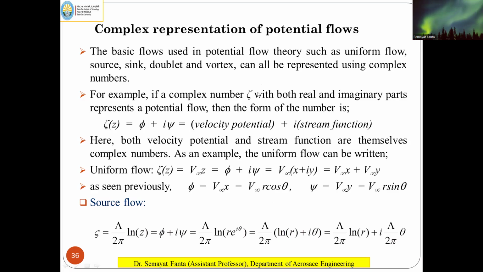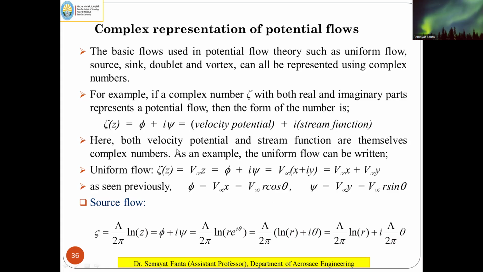If a complex number zeta has both real and imaginary parts representing potential flow, then the form of the number is zeta of z equals phi plus i psi, where phi is the velocity potential and psi is the stream function. Here both the velocity potential and stream function are real-valued parts of the complex number.